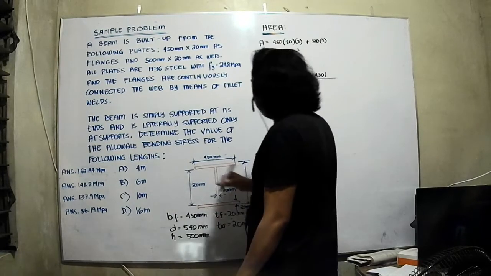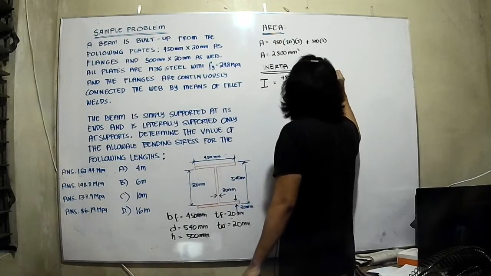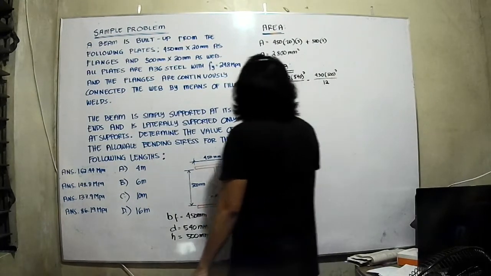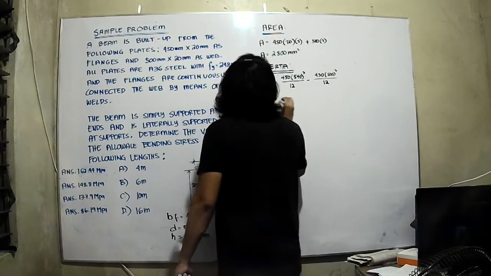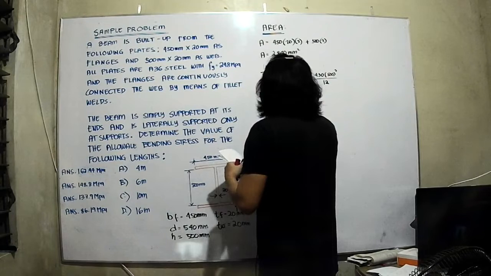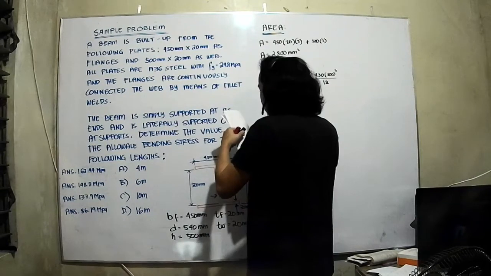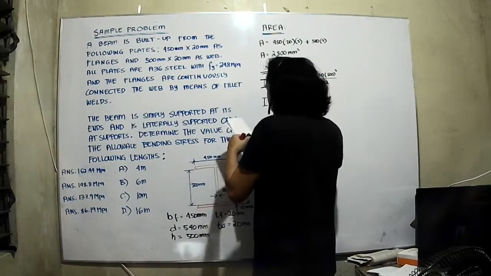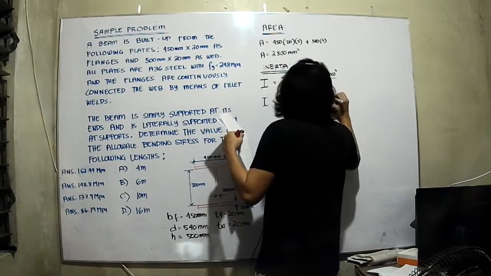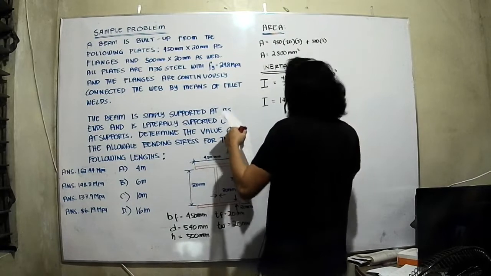The height here is 500 cubed divided by 12. So our I would be equal to 1425733 mm to the fourth.